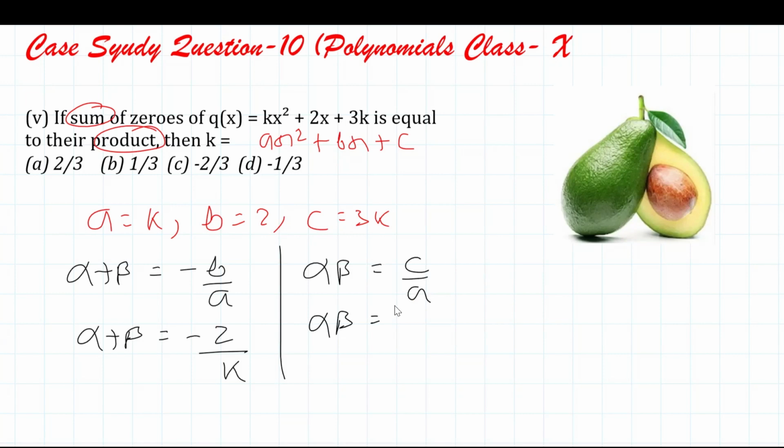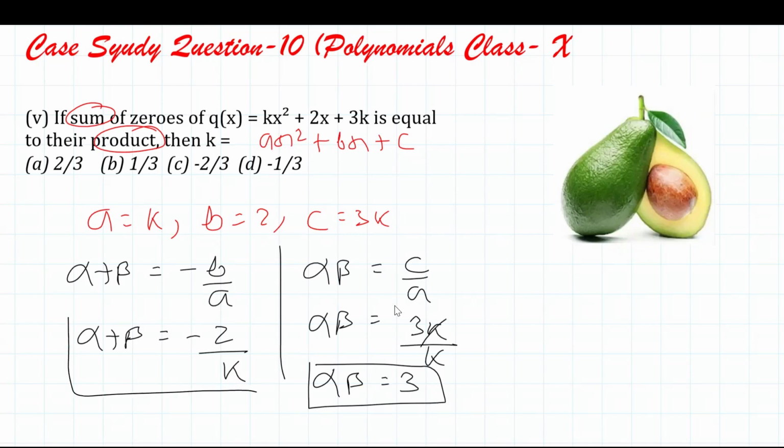So c in this case is 3k, and a is k, so it can be reduced. So the product alpha into beta is 3, and the sum of the zeros is minus 2 over k.